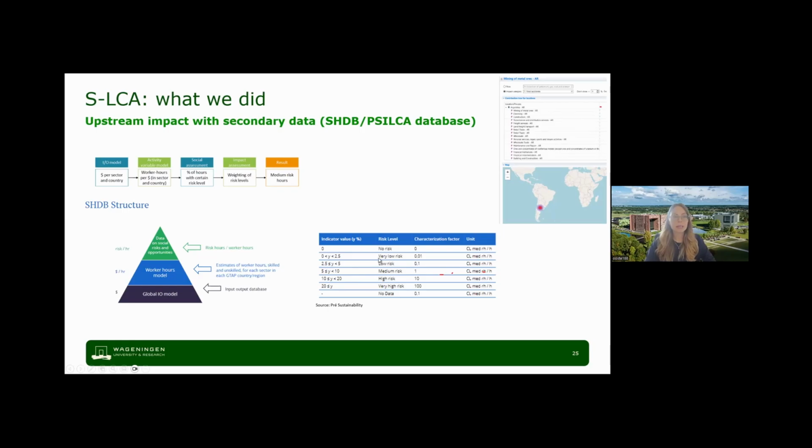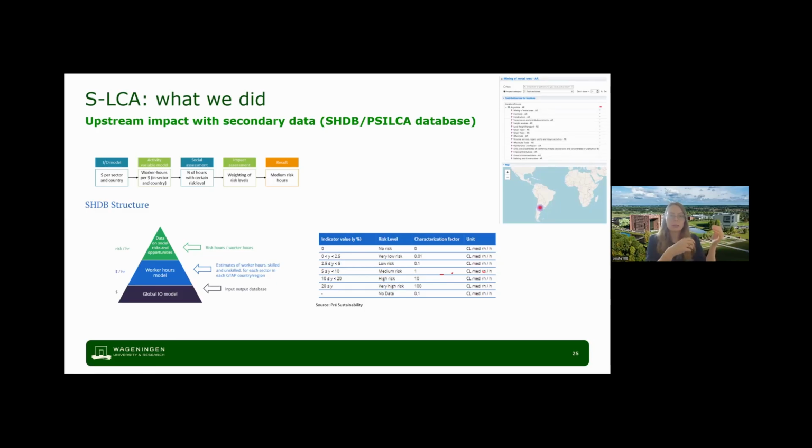But for every topic, they have certain indicators and they have determined certain risk levels. So whether it's in this range, it's considered low risk. If it's in another range, it's considered high risk. So then you have a risk level and you have the exposure to the risk, so the amount of working hours in this risk. So there might be, let's say, a high risk in a certain production of a certain fertilizer, but you're only exposed to it for 1 hour.